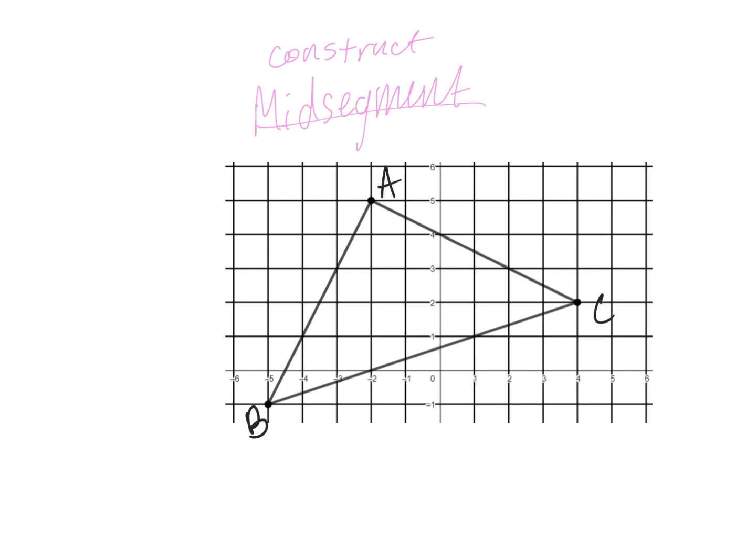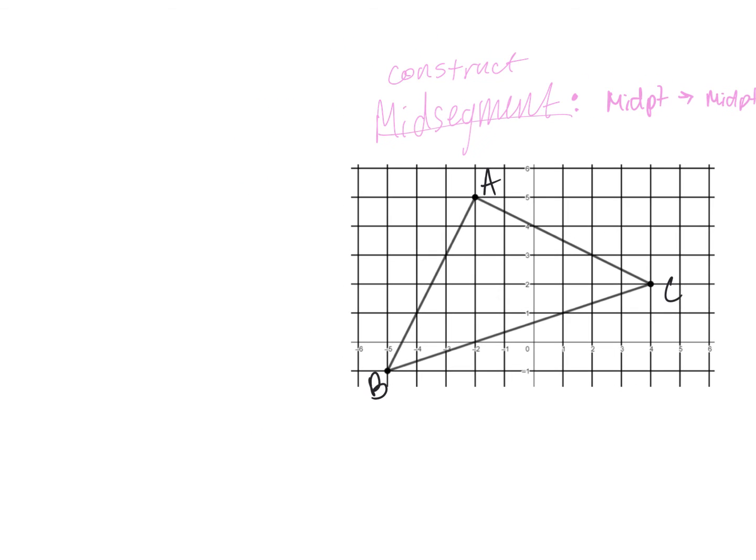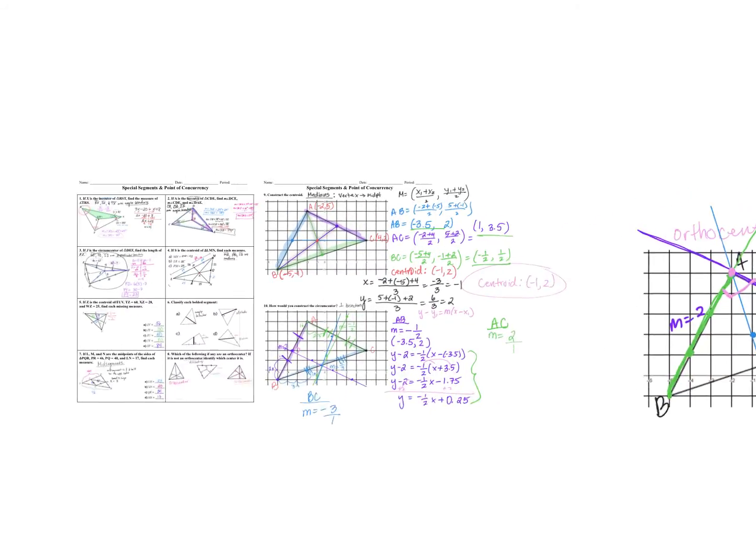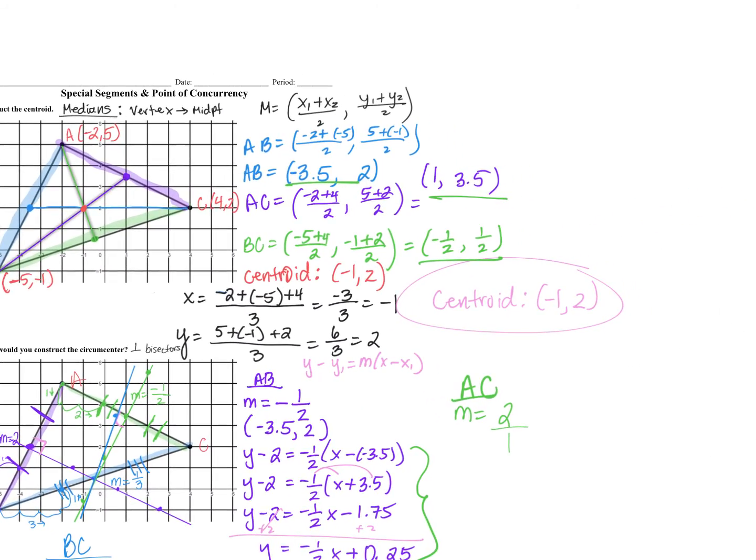To construct a midsegment, the endpoints are midpoint to midpoint. So I need to find the midpoint of all 3 sides, and we've already done that. So I'm going to cheat again and find the midpoints. And here they are. Midpoint of AB is (-3.5, 2).